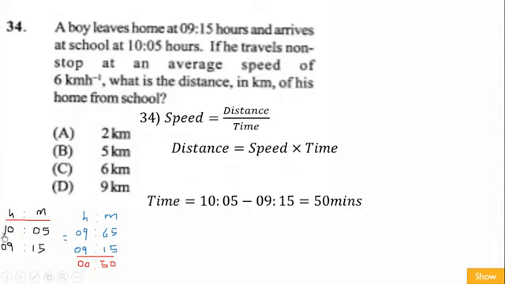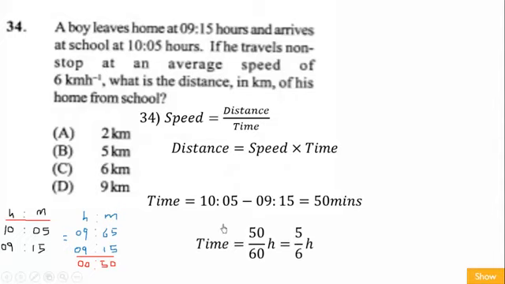So let us borrow 1 hour and convert into minutes. 1 hour is 60 minutes plus 5 will give us 65 minutes. So we subtract to get 50. Now 9 minus 9 will give us 00 hours. Therefore, the time taken is 50 minutes.